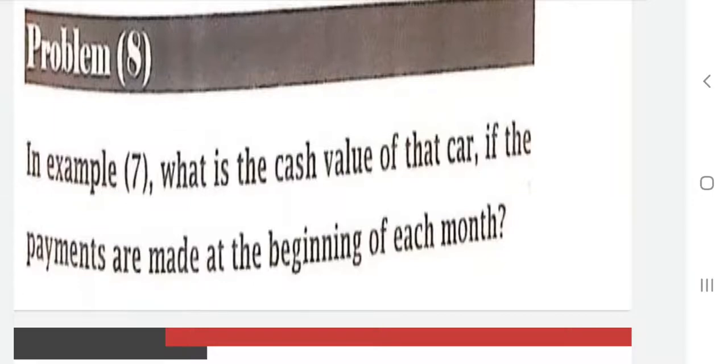Problem 8. In example 7, what's the cash value of that car if the payments are made at the beginning of each month?